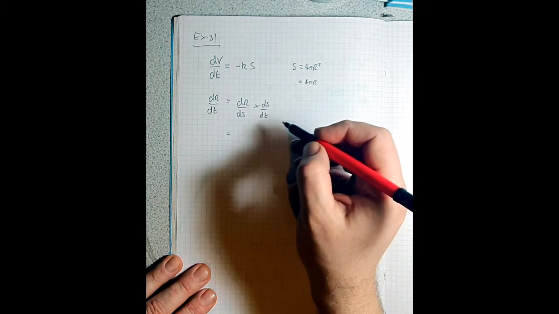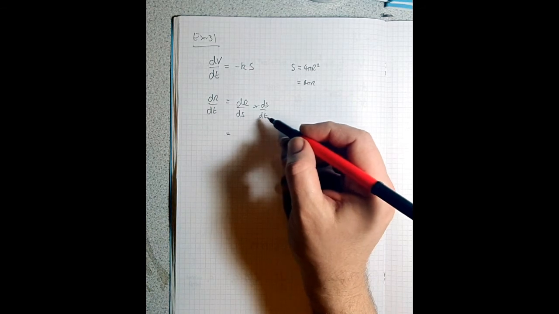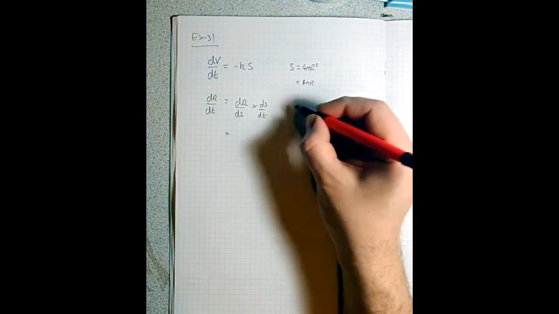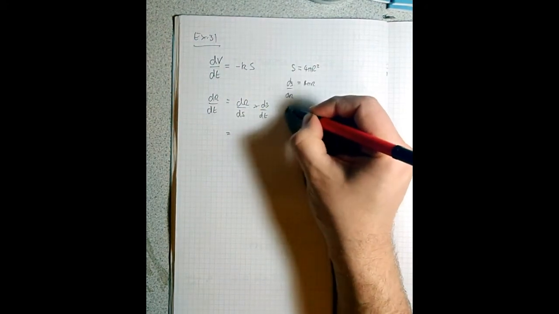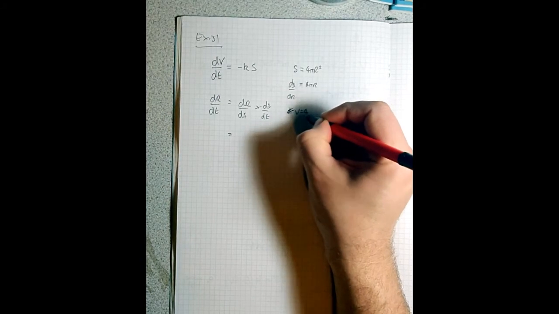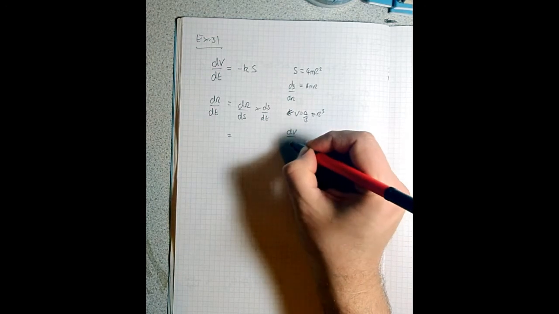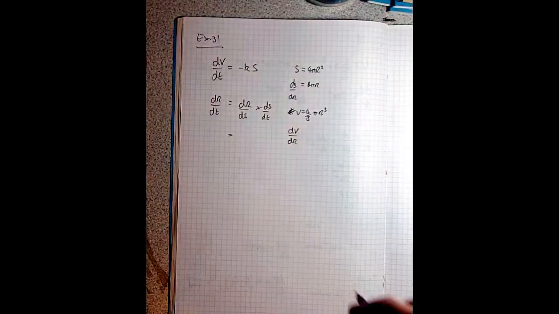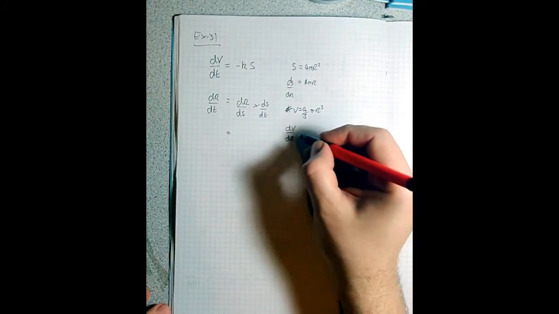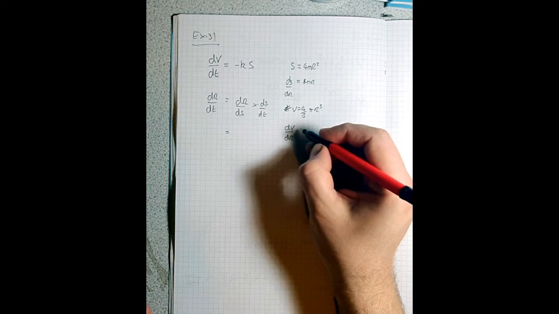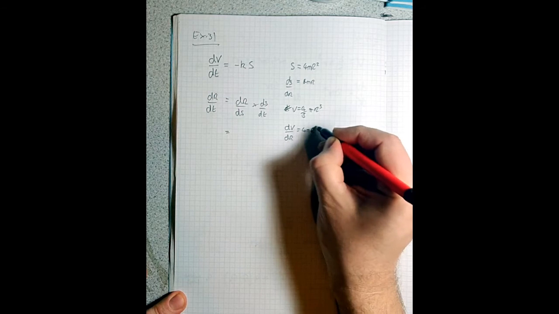The volume is, hang on a minute, the volume is 4/3 pi r cubed, so dV/dr is 4 pi r squared.